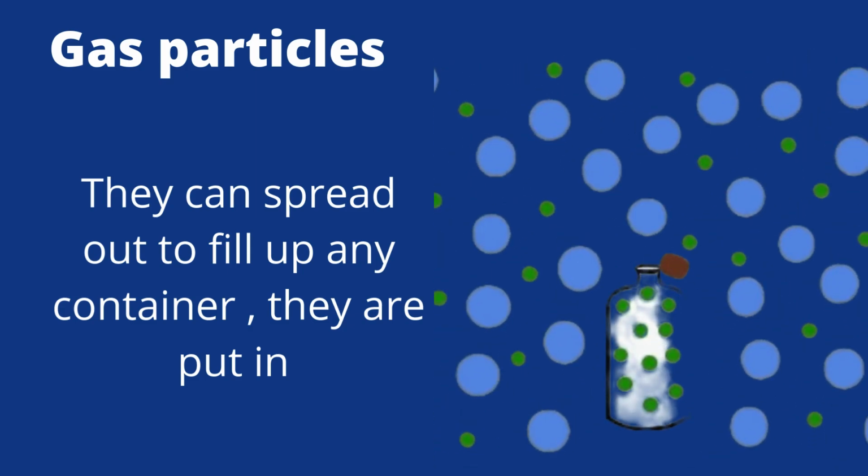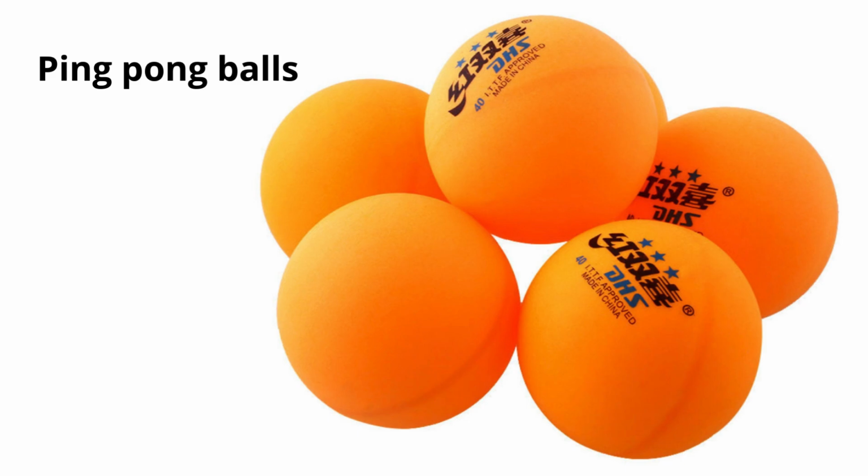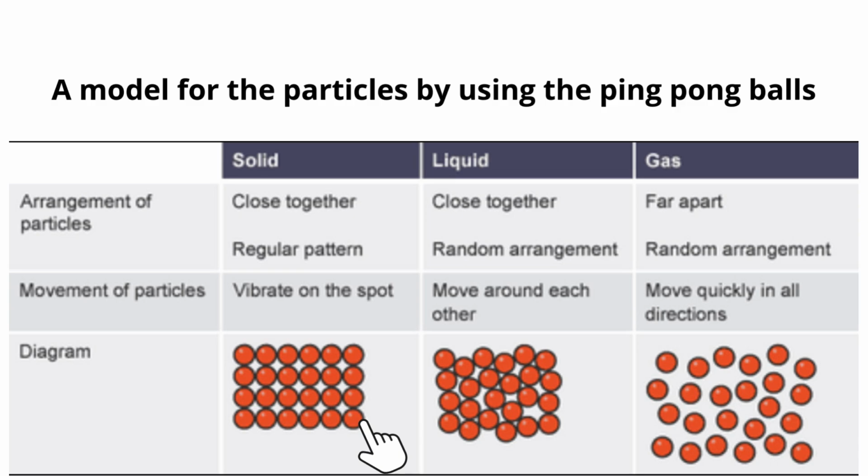So now we can make a model for these particles, as we know how the particles are attached in the solid state, the liquid state, and the gas state. We can make a copy that we can see and study for the particles by using balls like ping pong balls. If we put the ping pong balls packed together, closely attached or closely arranged, this will represent the solid state.